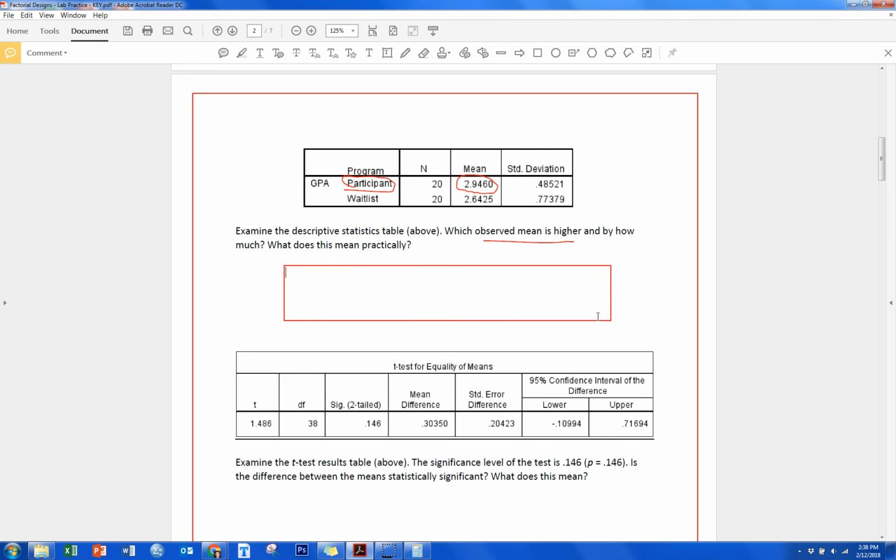Okay, so on average, the participant group had a higher mean GPA of 2.946 compared to the mean of the waitlist group, which was 2.6425.